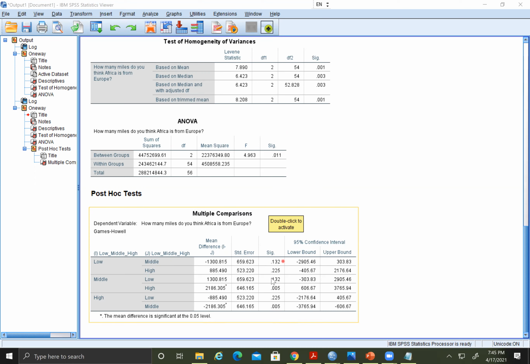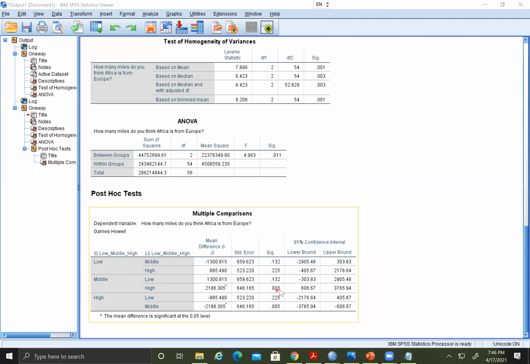What we need to recall here is the cutoff point 0.05. If it's smaller than 0.05, that means we are going to reject this mean difference. The post hocs are similar to our t-test, but they are with adjustment.